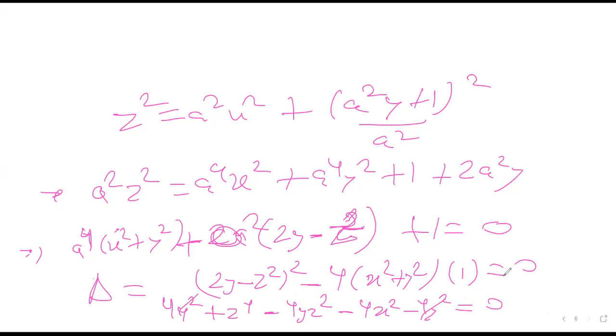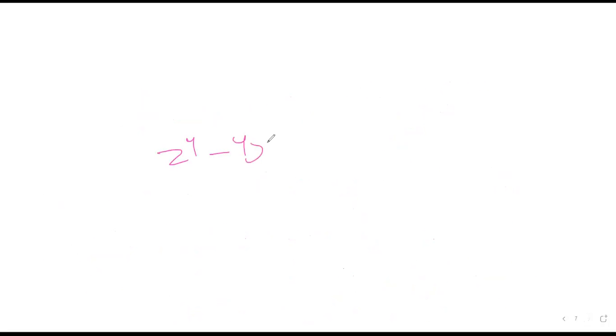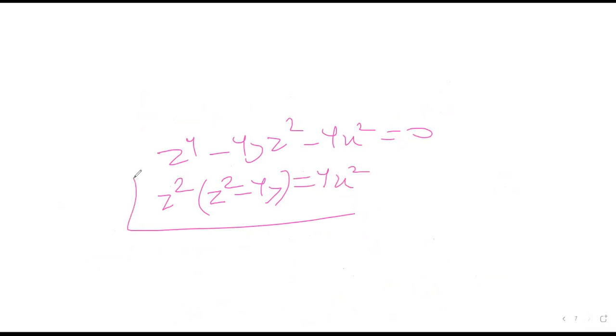From here, these will cancel out, and you get z to the power 4 minus 4yz square minus 4x square equals 0. If you take z square common, z square minus 4y equals 4x.